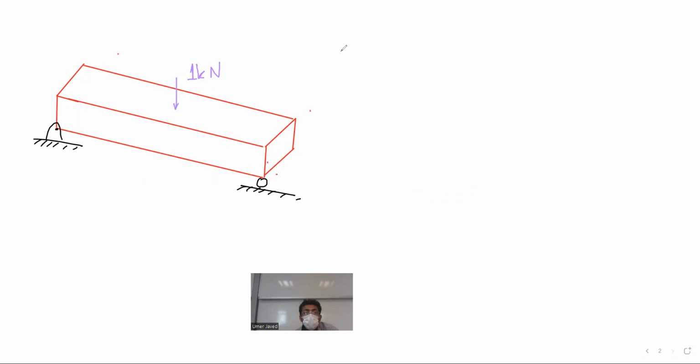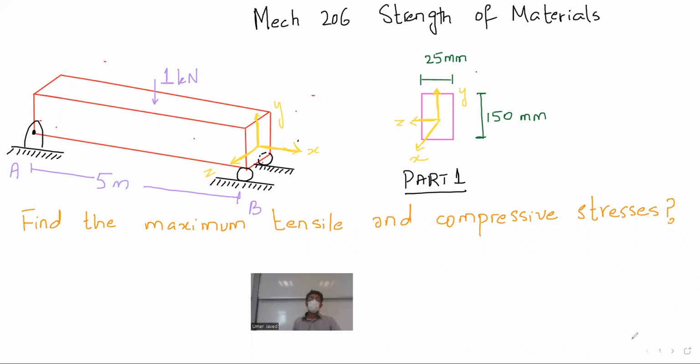So I just want you to have a very clear understanding of 150 by 25. So you will see a huge difference. And let's call this chunk A. This is my B. Of course, you can put a roller here as well.